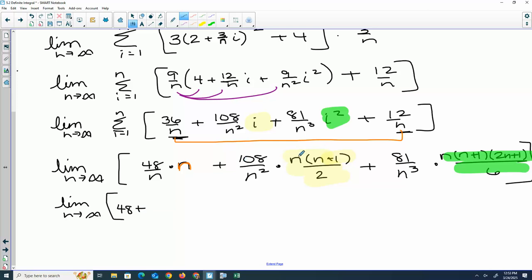Here I'm going to go ahead and just cancel one of those n's. 108 divided by 2 is 54 times my n plus 1 over n. 81 and 6 I can divide by 3. I'll go ahead and FOIL those two parentheses.